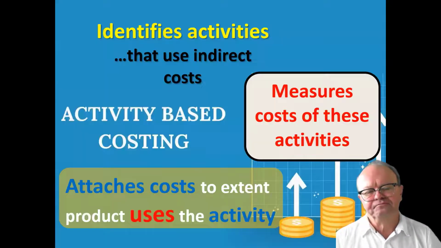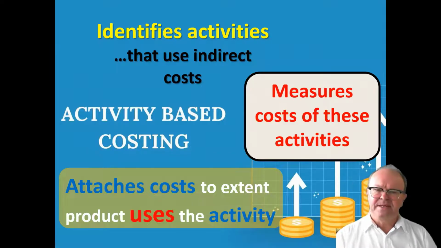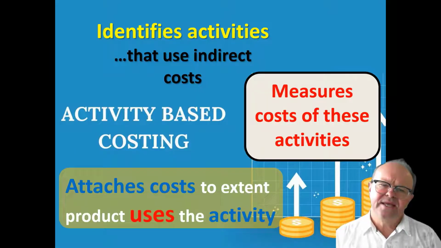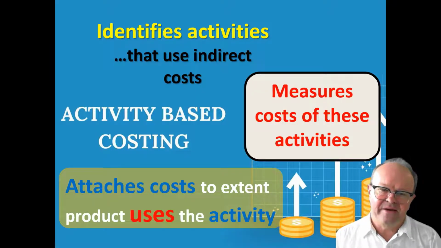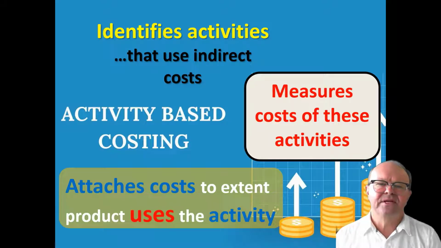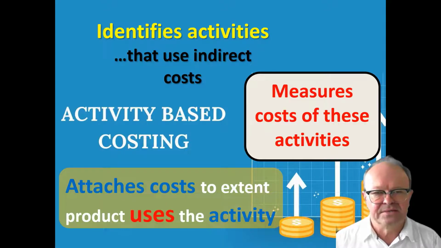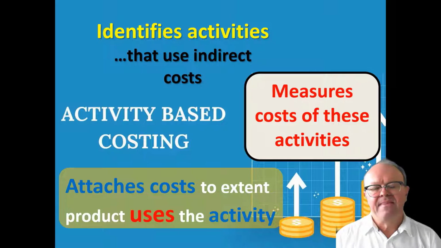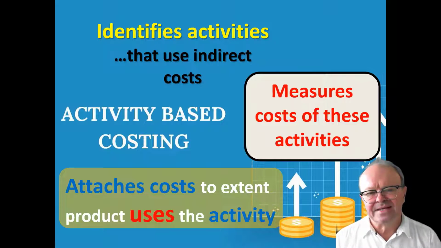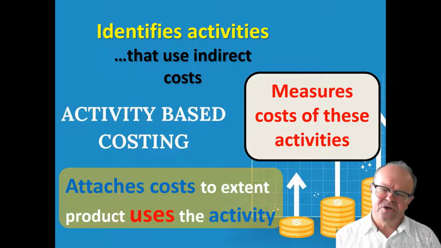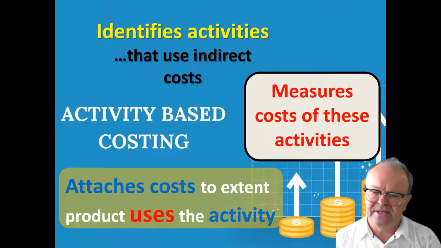And so activity-based costing is where we identify activities in our firm. And these are activities that use indirect costs. And then we measure the costs of these activities and then attach the costs to the extent a product uses that activity.